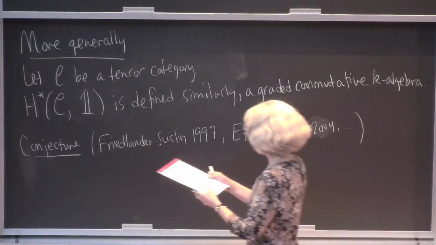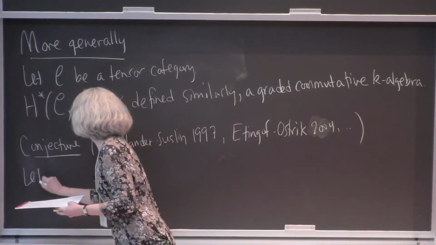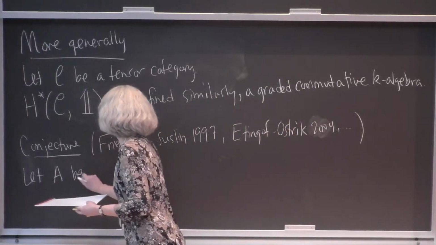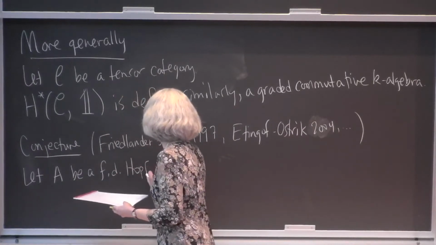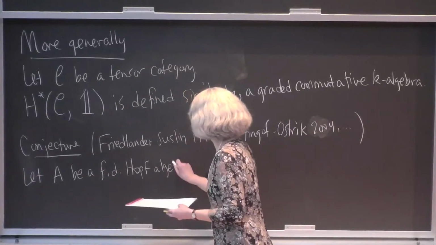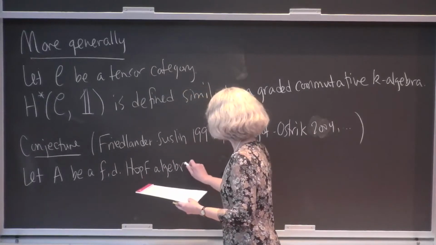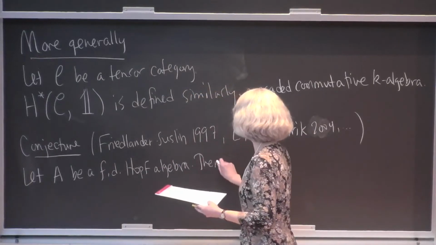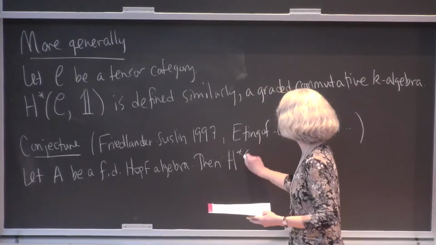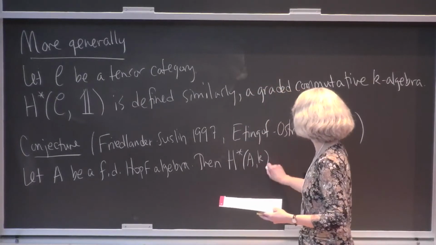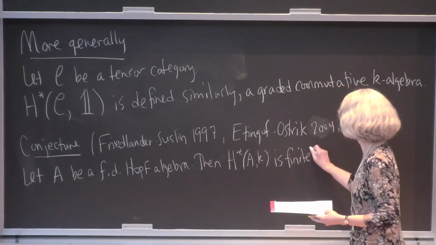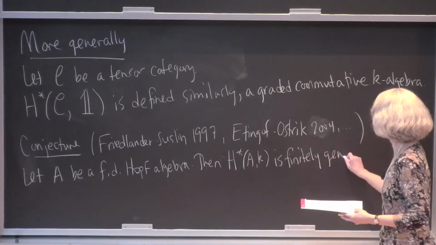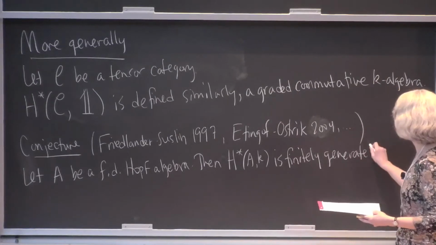And the conjecture is this. Let A be a finite dimensional Hopf algebra. The statement is that the cohomology ring is finitely generated, in other words, Noetherian, in this context.